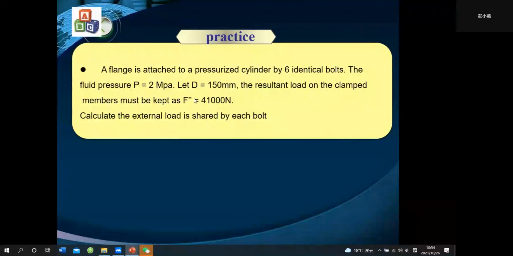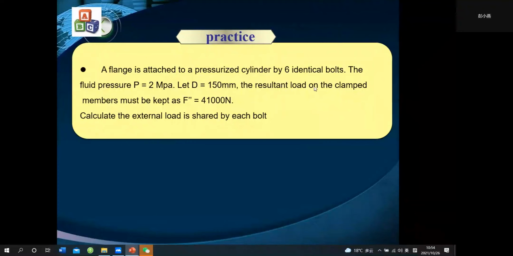Okay, let's do the exercise. A flange is attached to a pressurized cylinder by 6 identical bolts. The fluid pressure P is 2 and the inner diameter is 115.